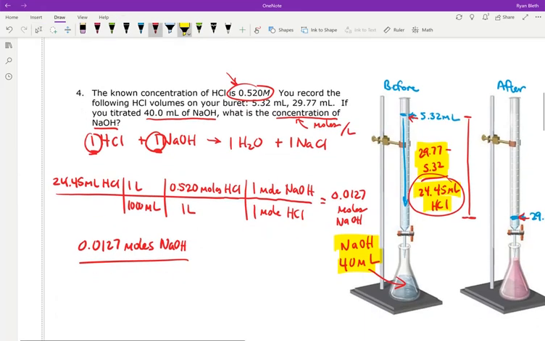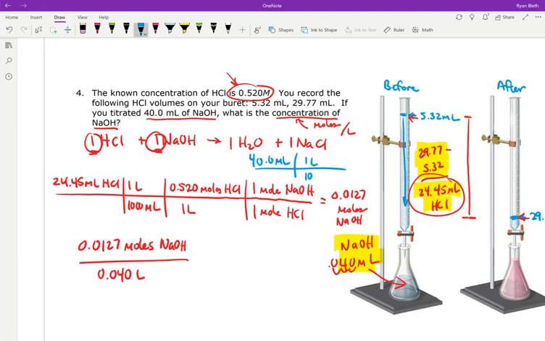So I could go about that by simply moving my decimal place over here 1, 2, 3 places, and that would give me liters, 0.040 liters. Or you can do a metric system conversion as always, show that calculation if you want to. 40 milliliters. Do that conversion to liters. 1 liter is 1,000 milliliters, and you'd still get 0.040 liters, same value, okay, of NaOH.